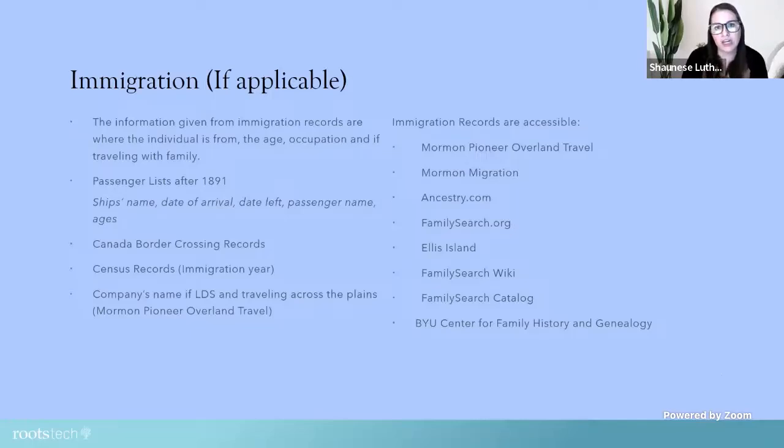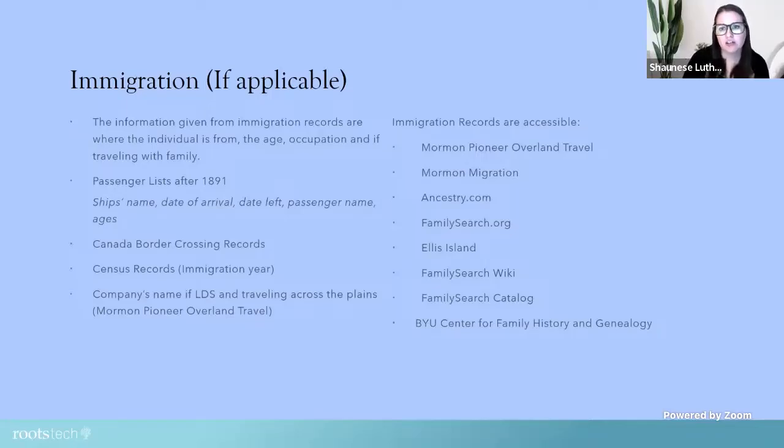So if you're working in Pioneer time for Latter-day Saints, you can go over to Mormon Pioneer Overland Travel and look at the company's name to see who they traveled in, when they traveled across the plains, how long it took. Sometimes it'll be captain notes of those groups, and they will also list possible deaths that happened along the trail, give you more historical context of what's going on.